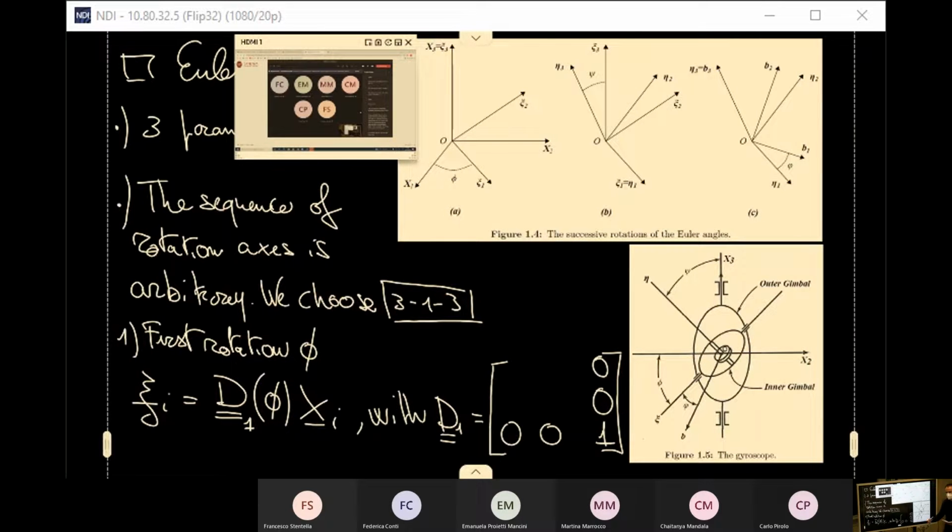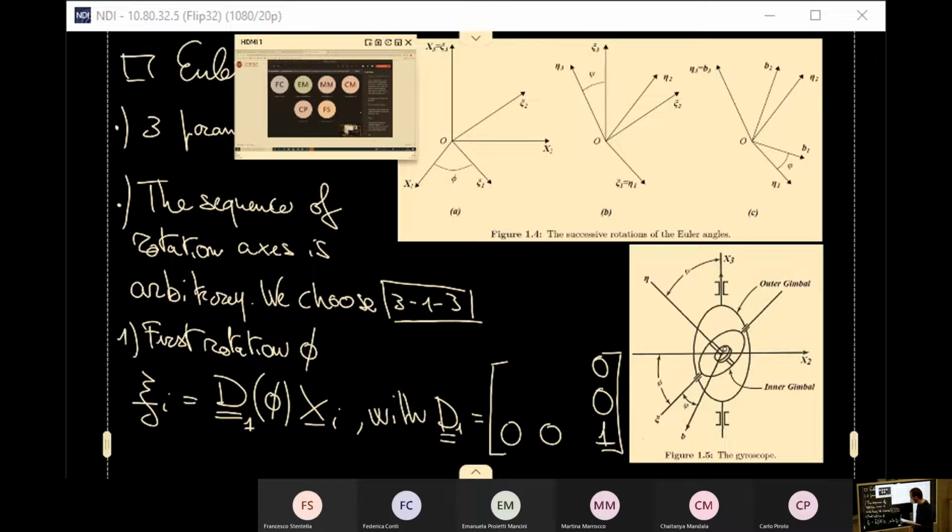So it operates on something which lives in the local frame and outputs something which lives in the inertial frame. Okay. This instead is the opposite. This matrix D1 operates on something that lives in the inertial frame and outputs something which lives in the local frame. Okay?